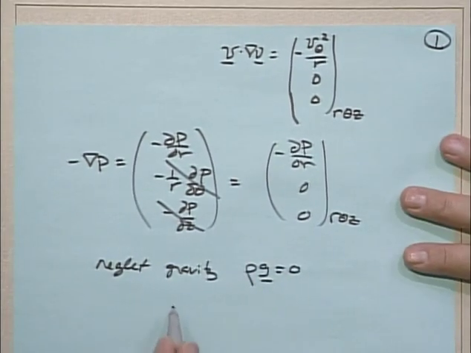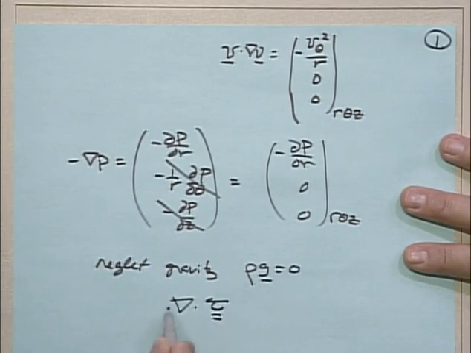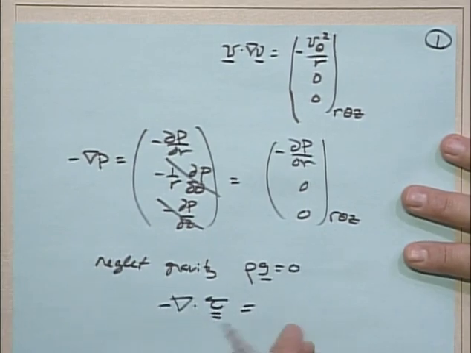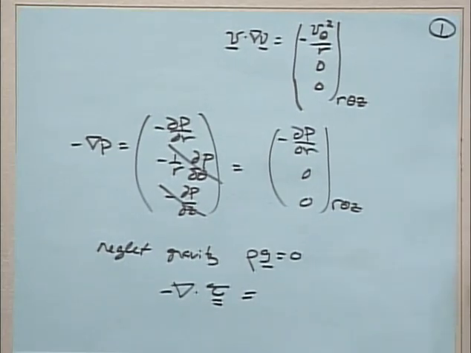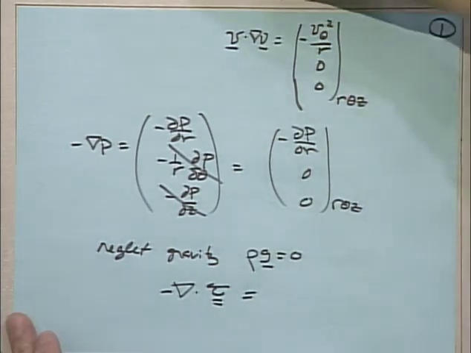And that leaves us one more term, del dot tau, which is going to be an important one. So for the del dot tau term, I'll actually copy it all down because that's the meatiest one, the one where we have to think about it the most. And I'm going to copy it down on a gigantic sheet here.